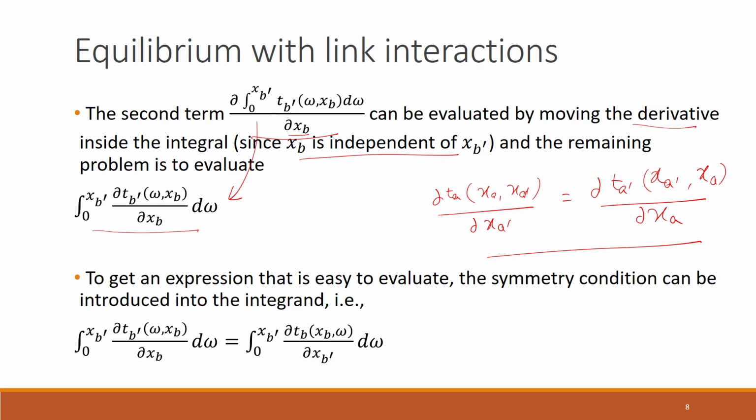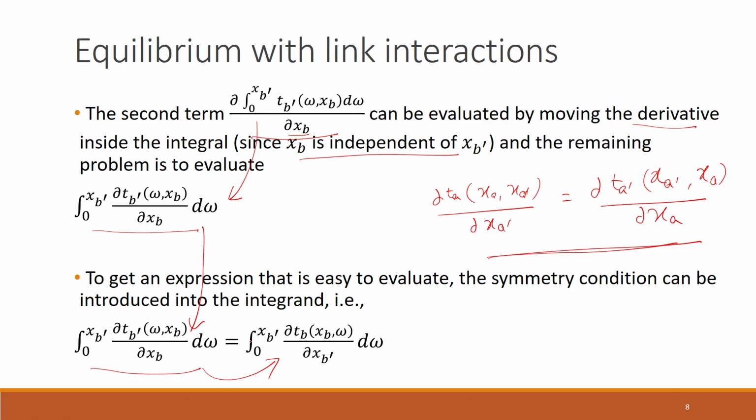Therefore, this is the same as this, and given this symmetry condition for the link interactions, we can write that this is actually equal to this here. You can see what has changed now.